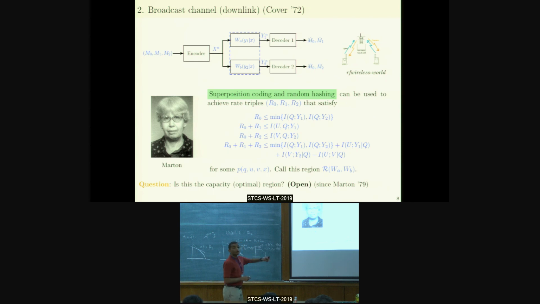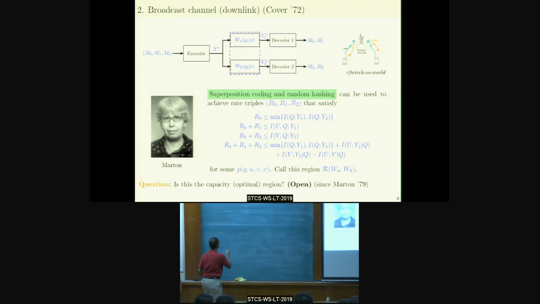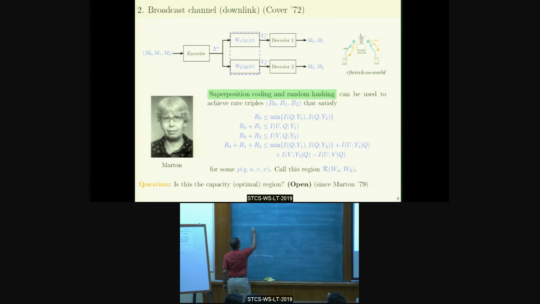Oh, so how do you compute the region, you mean? The region is very easy. Let's just put R1, R2. So this goes back to the old idea. Let's say you want to compute some R1 less than or equal to something and R2 less than or equal to something.